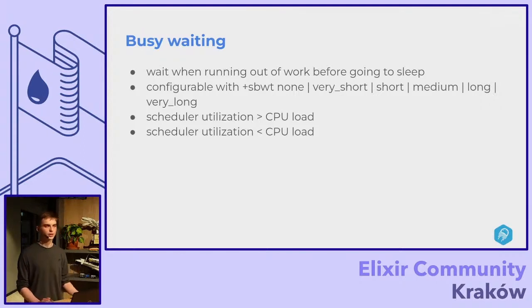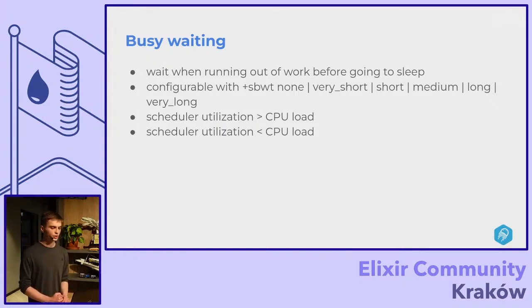This scheduler utilization doesn't include busy waiting, which means that it can be lower than CPU load, because CPU load, of course, will include busy waiting, as we are consuming some CPU cycles, but scheduler utilization will not include this.